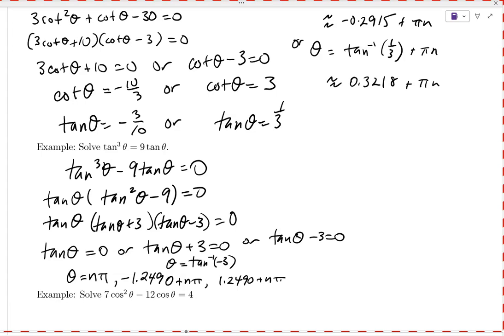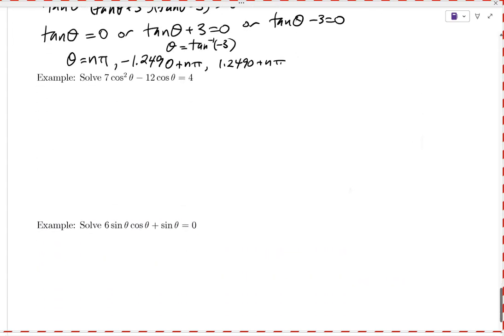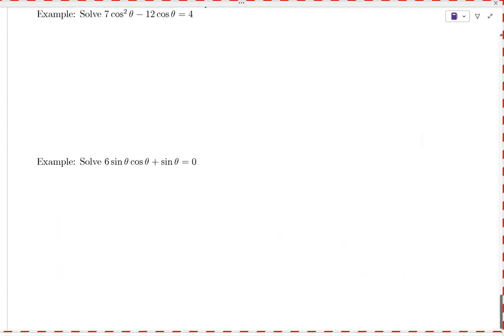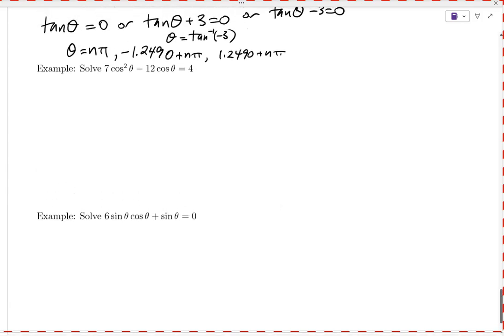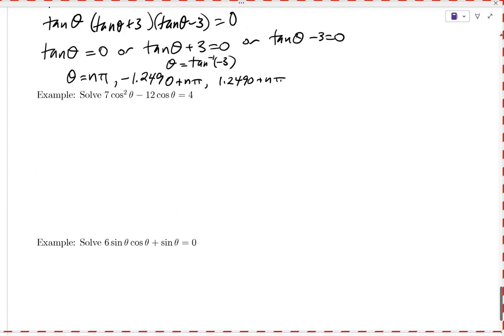All right, let's do the next one here. So we got 7 cosine squared theta minus 12 cosine theta equals 4. What do we want to do first before we do anything else?